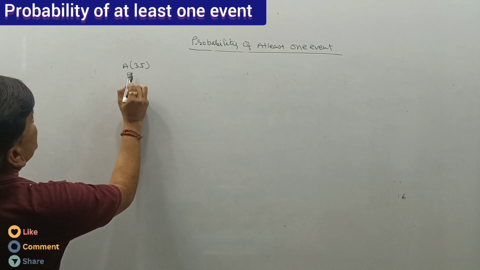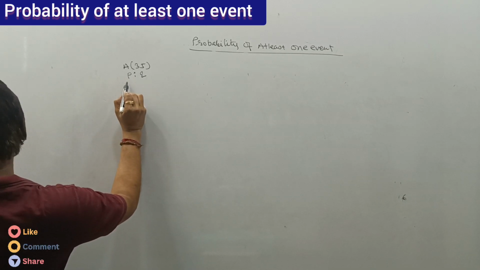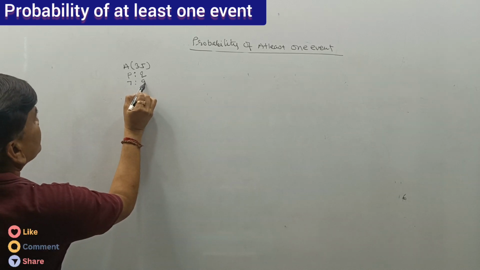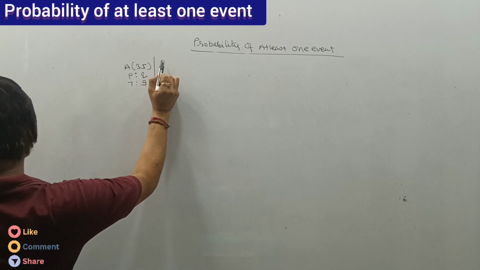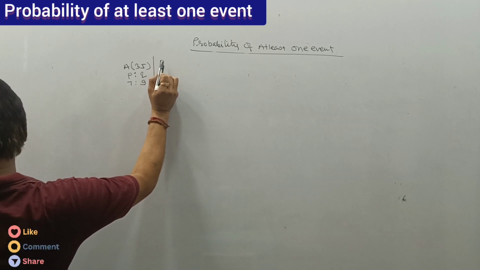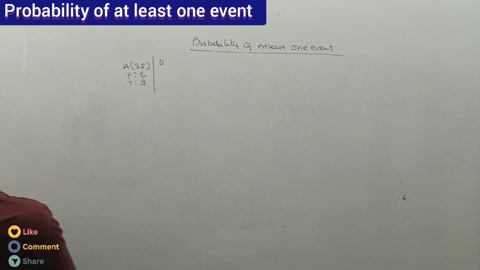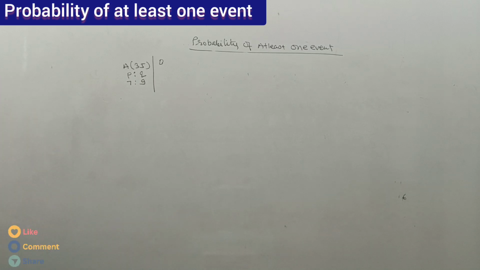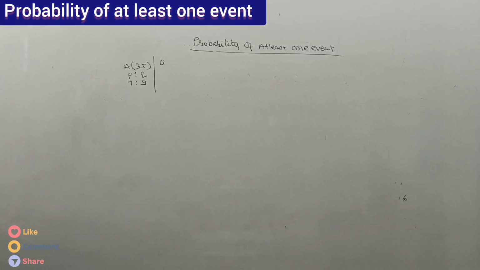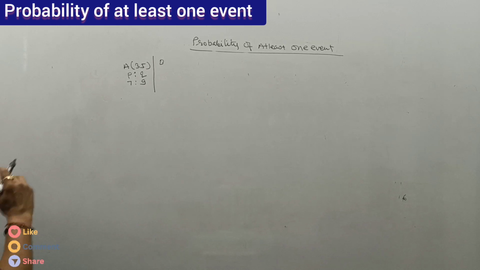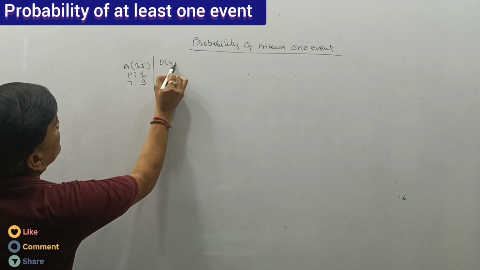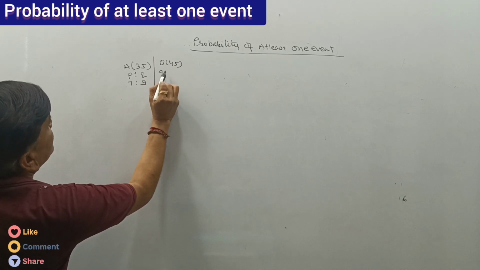The ratio P to Q is 7:9, and B, who is 45 years old, the odds against are 3:2.